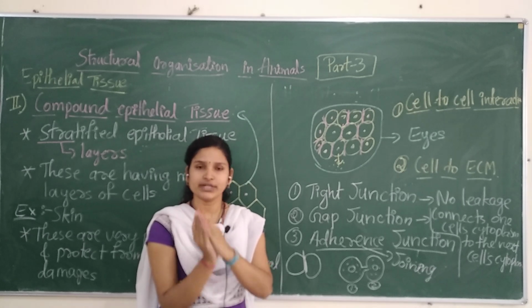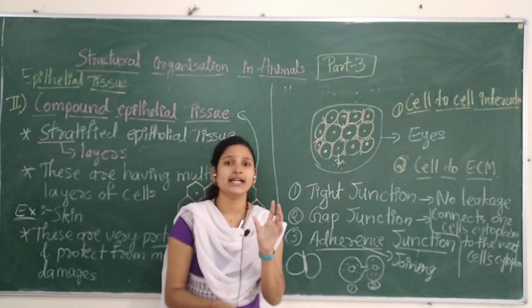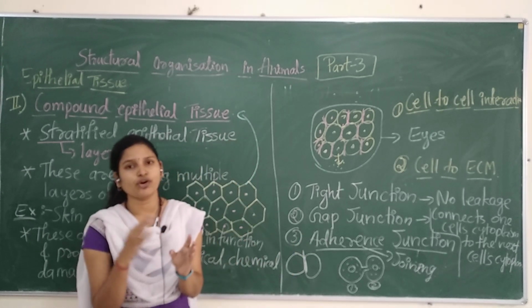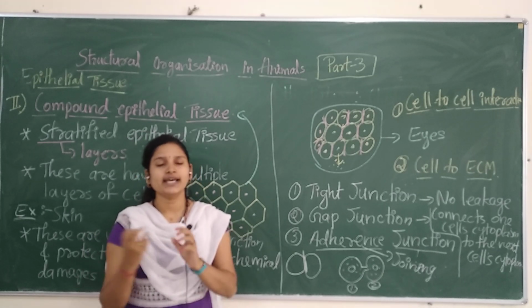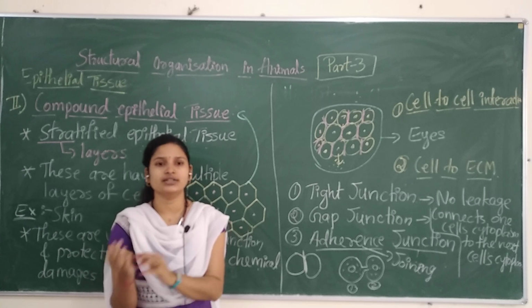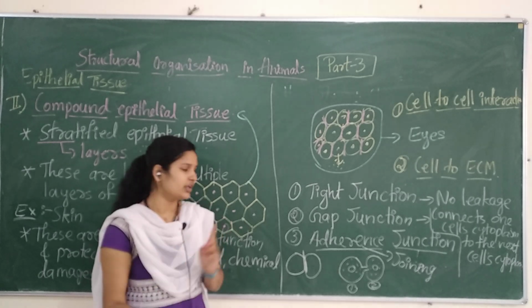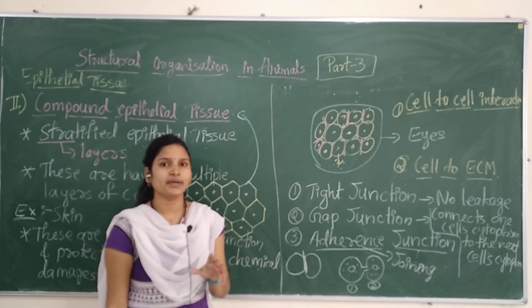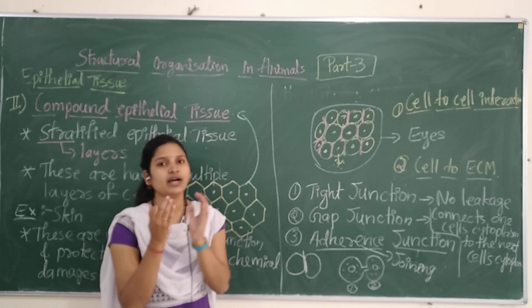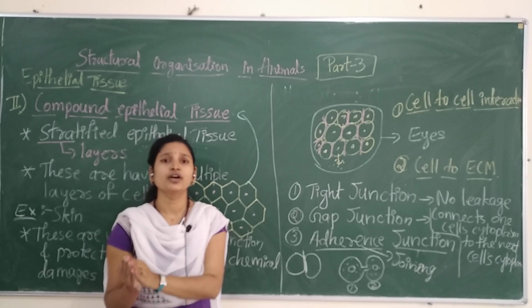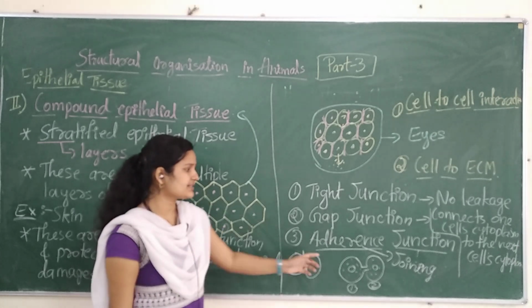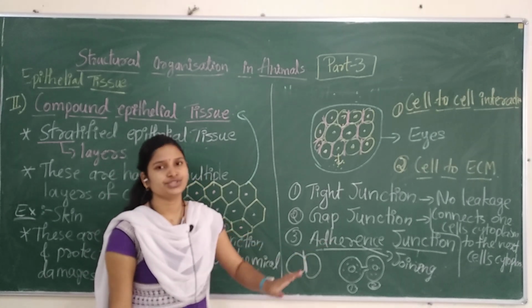That's why whatever organs are there, they are located at a specific location. They are not going to move from one part of the body to another. They are meant for a specific function. So to perform that function, cells should adhere and be present in that particular location only. So that is nothing but your adherens junction.